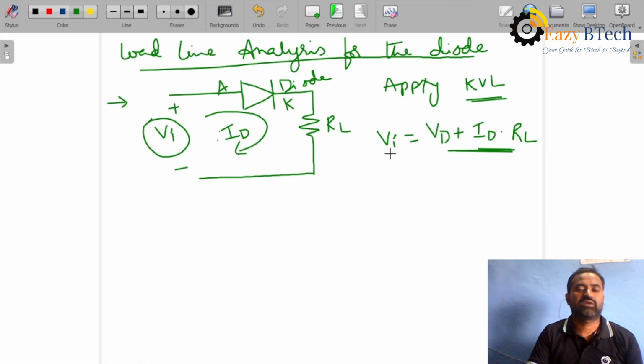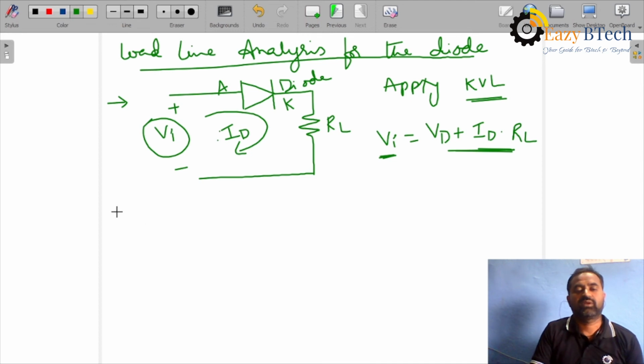So VI equals VD, the voltage drop across the diode, plus ID into RL, the voltage across the output resistance, since the current in series is the same.